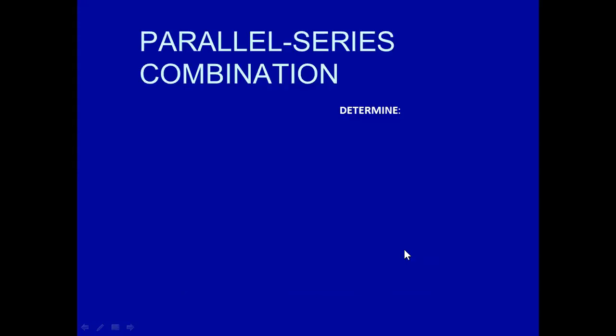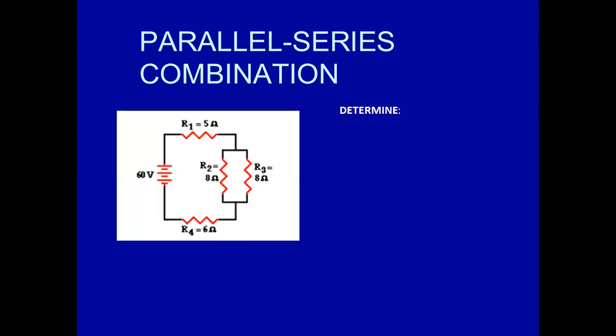So we have this parallel-series combination type of problems, which is commonly given by your instructors. In this example, we are given with this one. Your R3 is parallel with R2 and then R2,3 is in series combination with R1 and R4.